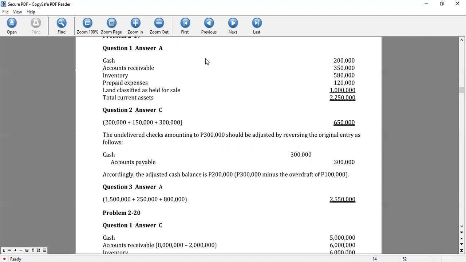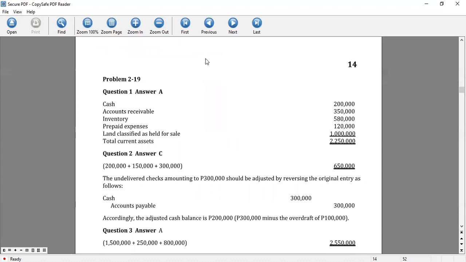Question 1. What total amount should be reported as current assets? So we have now question number 1 for problem 2-19. What's the total of the current assets?